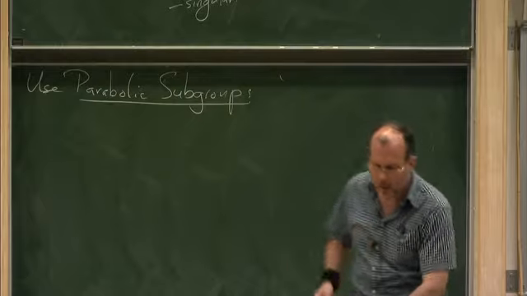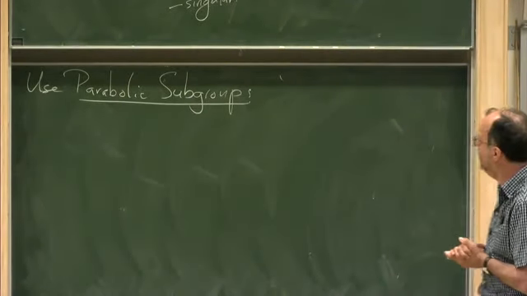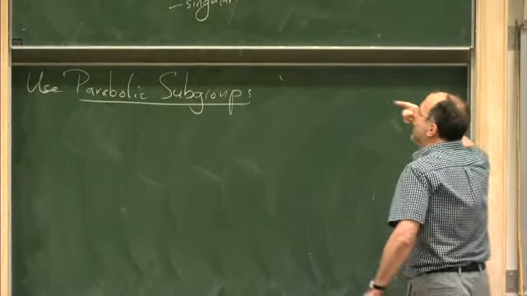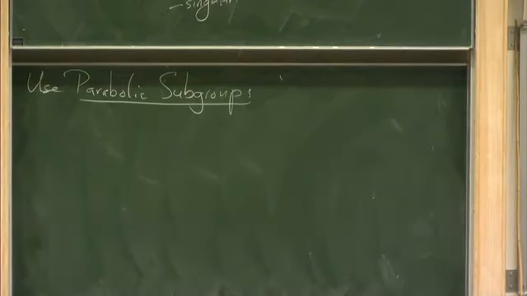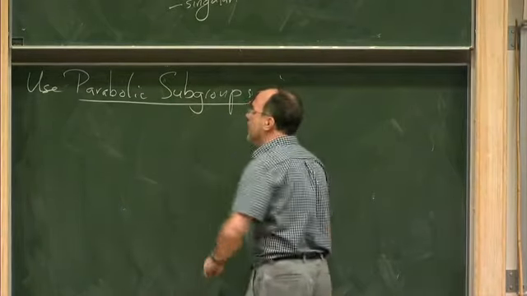So what's a parabolic subgroup? Briefly, basically, think of a parabolic subgroup as a block upper triangular subgroup, but then maybe you take a conjugate of it. Let me be a bit more explicit.